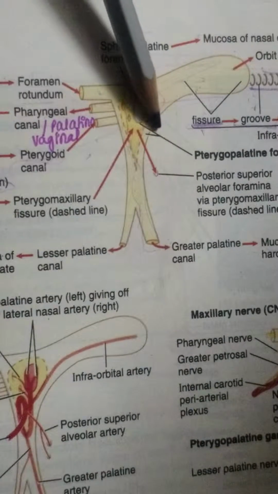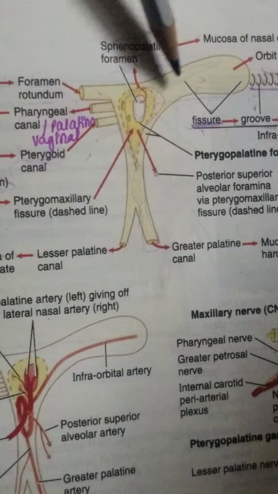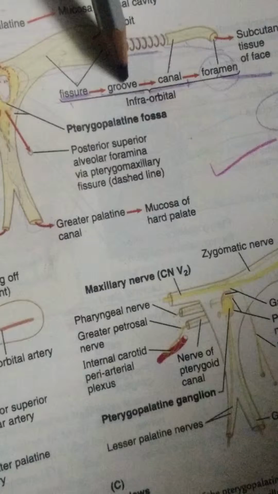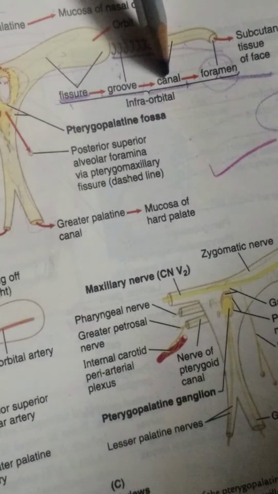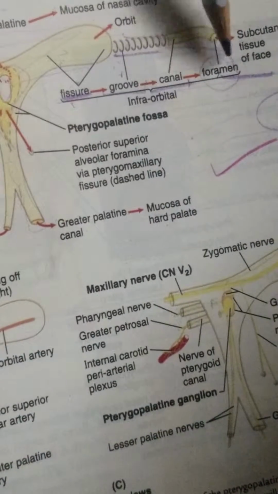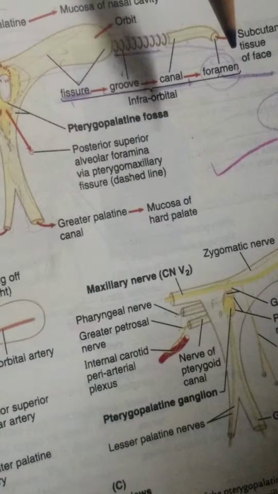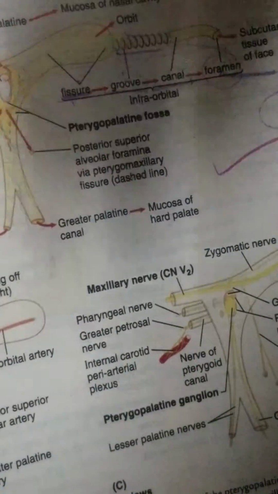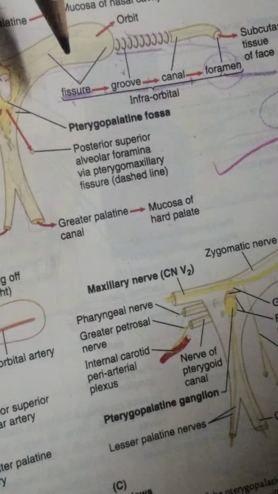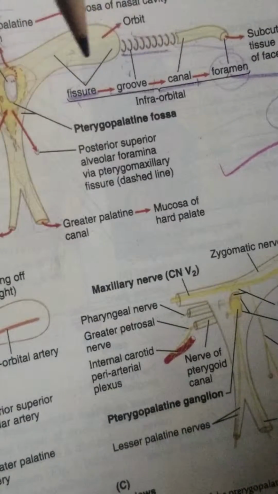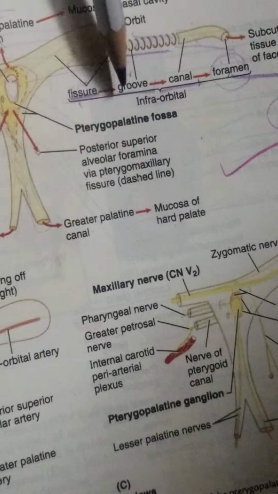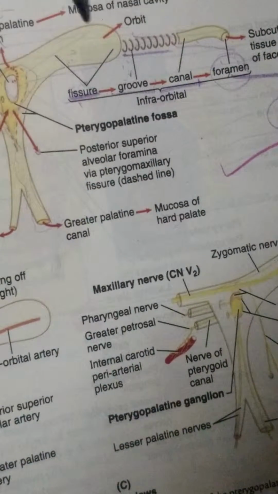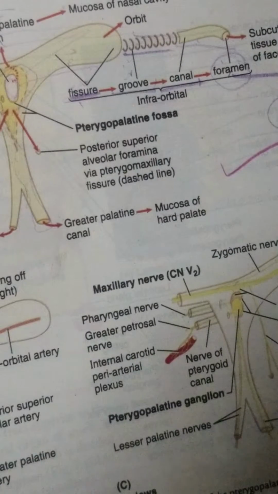So it communicates anteriorly through the inferior orbital fissure, and then continues to the groove, then the infraorbital canal, and then leads to the infraorbital foramen that just lies below the orbit and opens into the face. So it goes from the fissure to the groove, then the infraorbital canal, and then the infraorbital foramen, and then to the face.